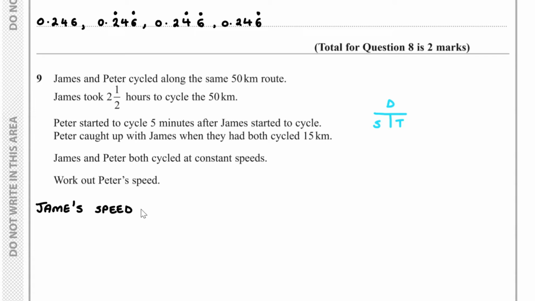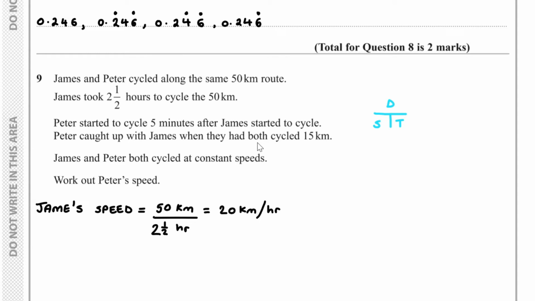So James's speed is equal to his distance, 50 kilometers, over the time, which is 2.5 hours. So here we get 20 kilometers per hour.